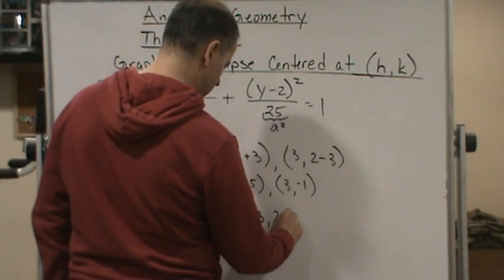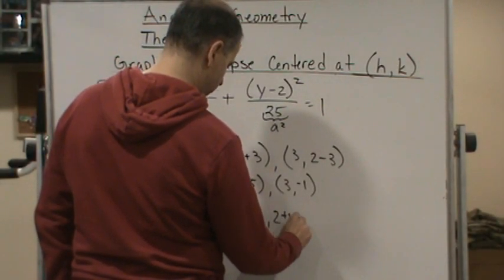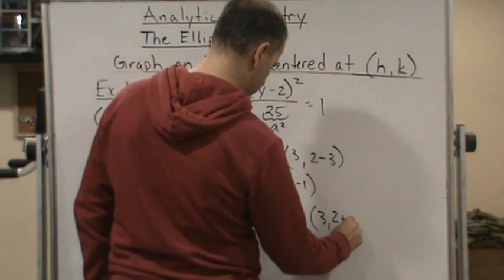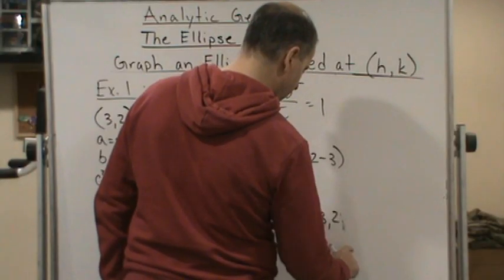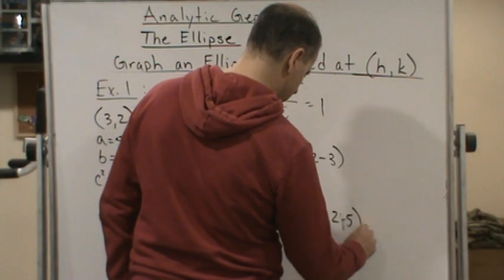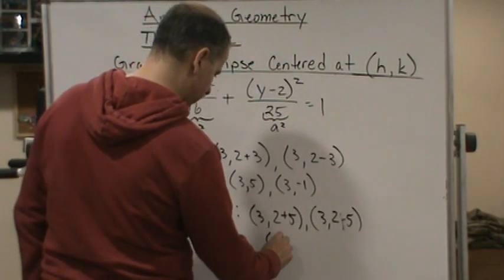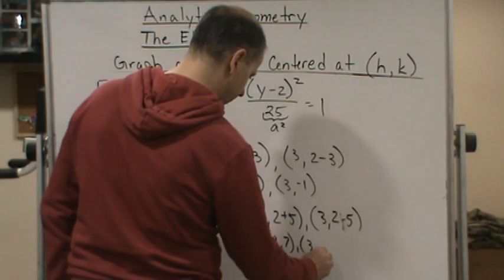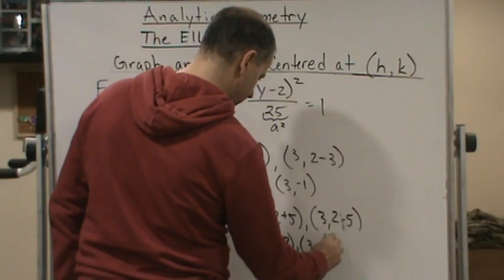So it's going to be 3, 2 plus 5, and then 3, 2 minus 5. And so the vertices are going to be 3 comma 7 and 3 comma -3.